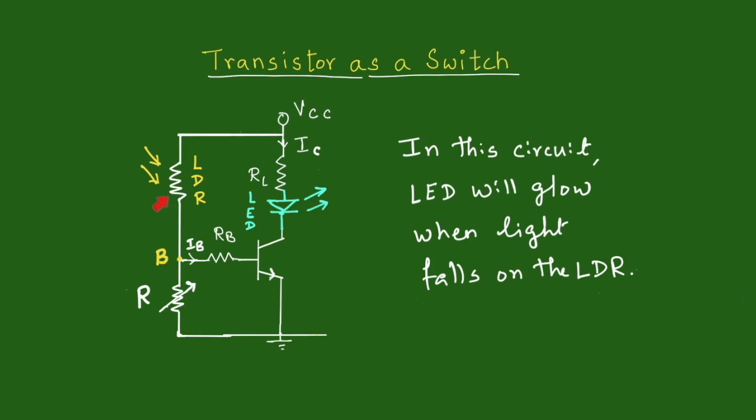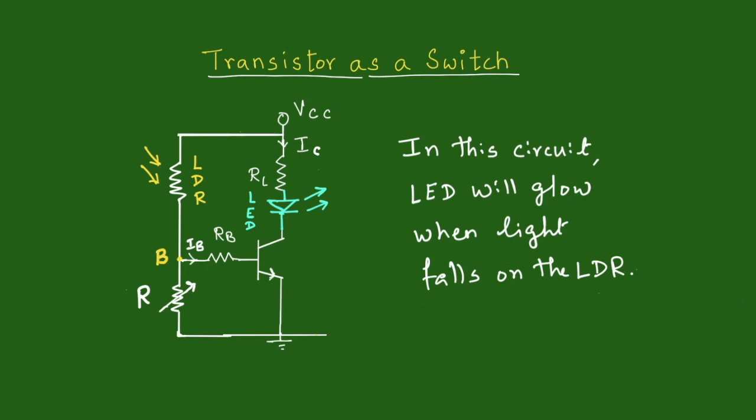By connecting the LDR and a potentiometer R the way it is shown here, we can adjust the value of the potentiometer resistance in such a way that when there is a large intensity of light falling on this LDR, the potential at point B with respect to ground will have a high value, whereas when the light falling on the LDR is blocked, the potential at point B with respect to ground will be almost zero.